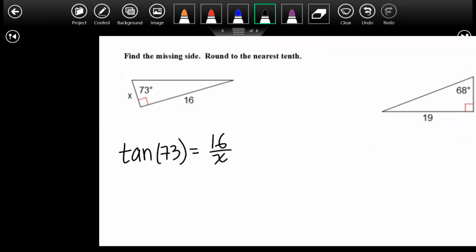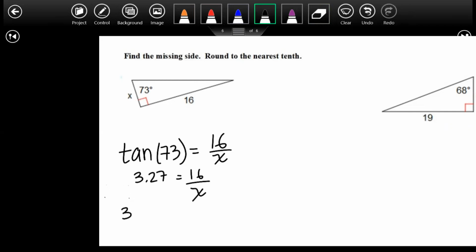When you solve this, we're going to get x. 3.27 is equal to 16 over x.